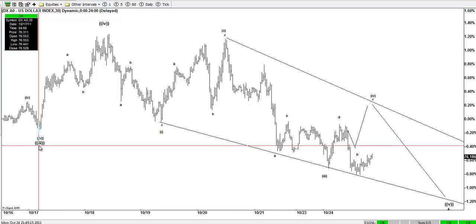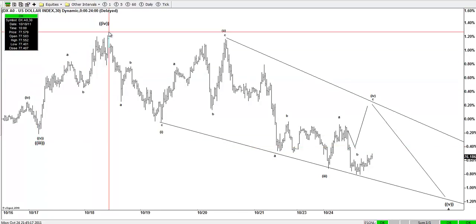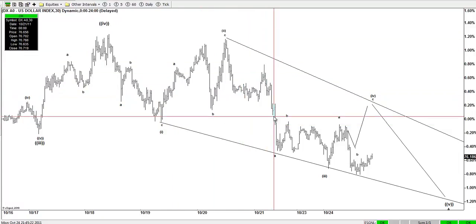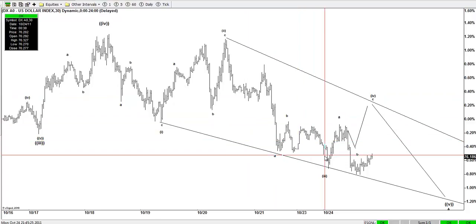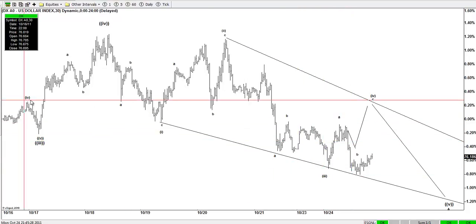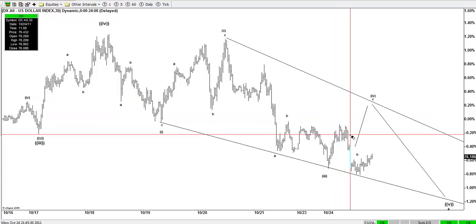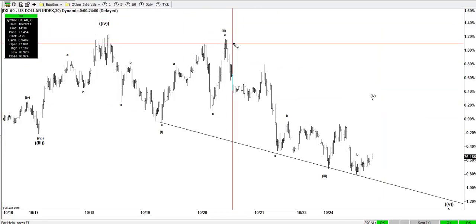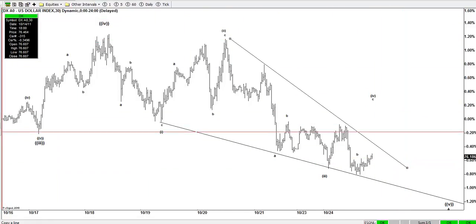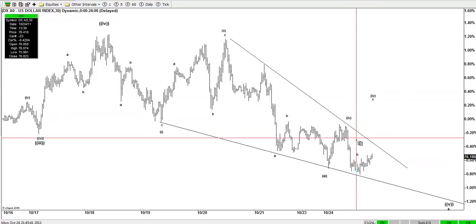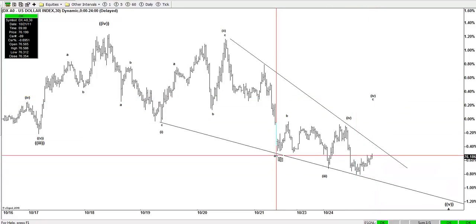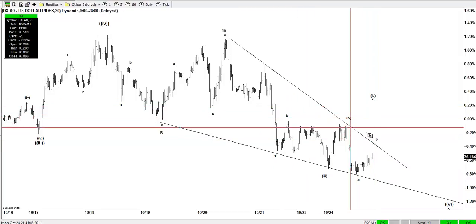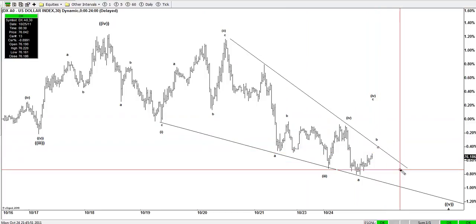So if it's a wave 3, where you got 1, 2, 3, 1, 2, 3, 1, 2, 3, and then 1, 2, 3, 4, 5, 6, 7, this is 3, and then you got right here a wave 4 within the diagonal, and then you got an A and a B wave, and then you're going to get a marginal new low.